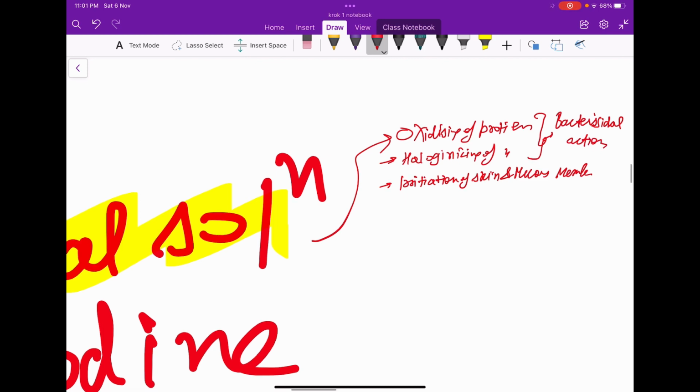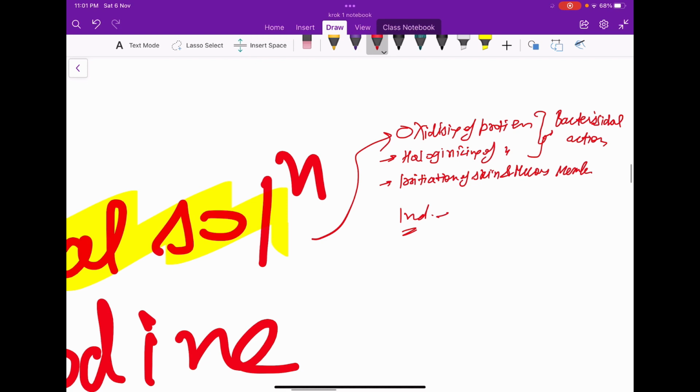And what are the indications? It's all about cuts on the skin. Thereafter, the skin area during surgery. Surgeon's hands, now before surgery.